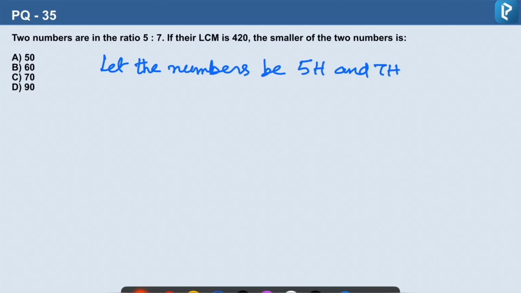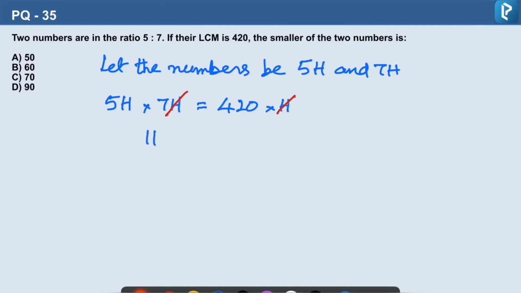So the product of these two numbers, 5H and 7H, is equal to the product of their LCM and HCF. LCM is 420, HCF is H. Let us simplify this. You can cancel H on both sides. Now what is remaining?